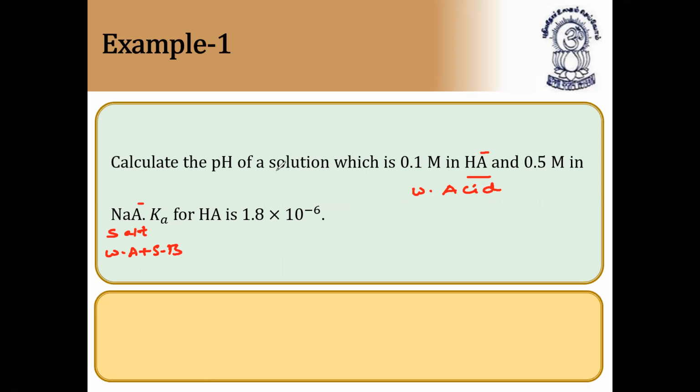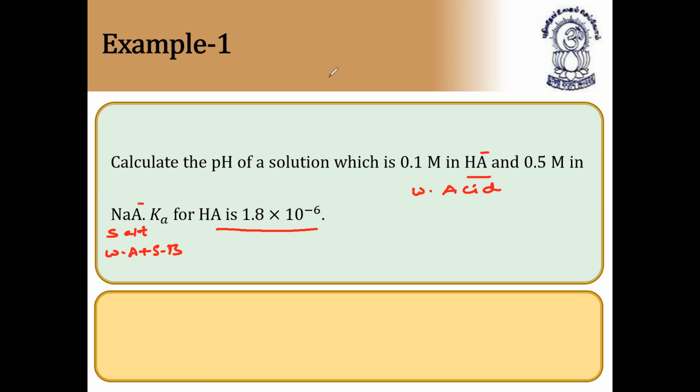Calculate the pH of the solution which is 0.1 molarity in HA and 0.5 molarity in NaA. Ka for HA is also given, equal to 1.8 times 10 to the power of minus 6. Now we are going to start this type of question.